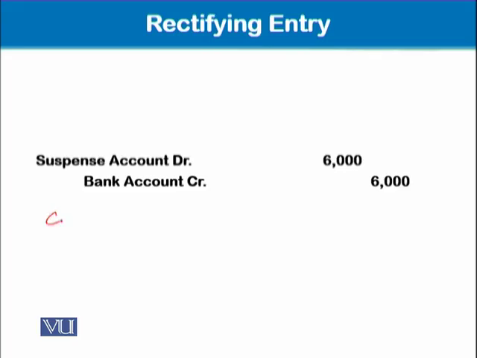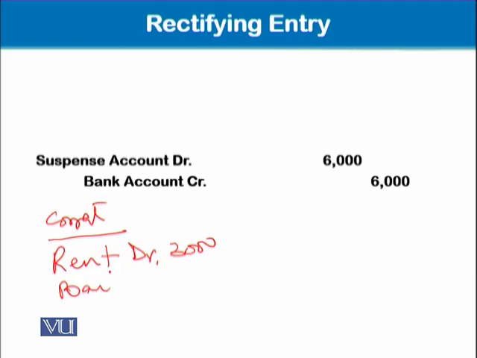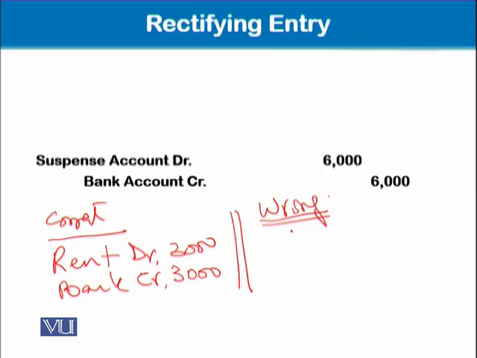Because the correct accounting entry was rent debit with 3,000 and bank was supposed to be credited with 3,000. So what happened? Mr. Daisy passed, in fact. Okay, you are good accountants. Okay, let's see what happened.